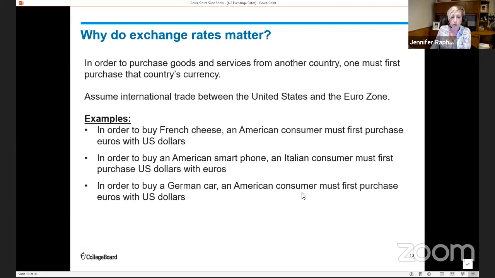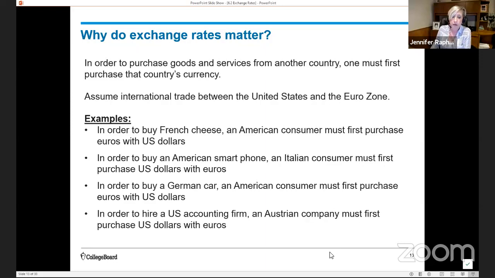So regardless of who's actually facilitating the transaction, in order to get a German car, American dollars need to be converted into euros. And again, the reverse is true. If an Austrian company wanted to hire a US accounting firm, the Austrian company would first have to purchase dollars with euros. So we're going to see how changes in exchange rates affect the prices of goods and services that are being purchased across national boundaries.